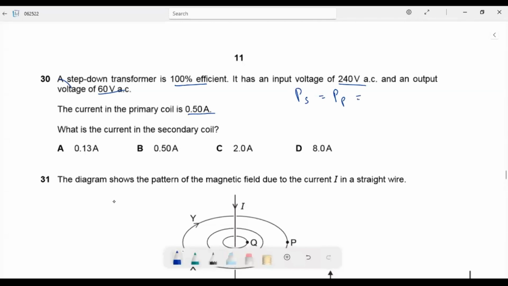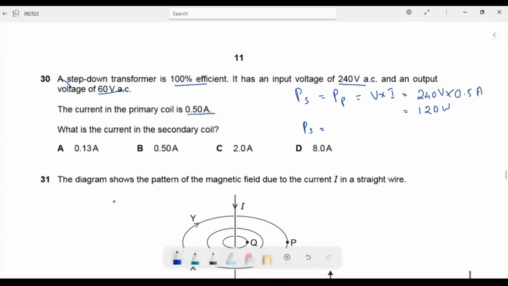So power means V into I, voltage in the primary into current in the primary. That is 240 volt, the input voltage in the primary, and current in the primary is 0.5 amps. While multiplying, you'll be getting the answer as 120 watt. So in the secondary also the power will be the same.